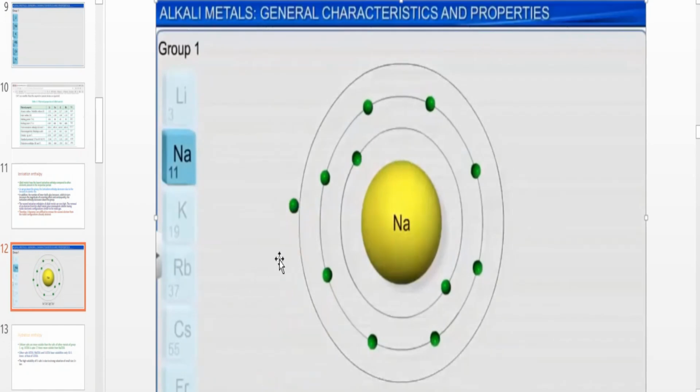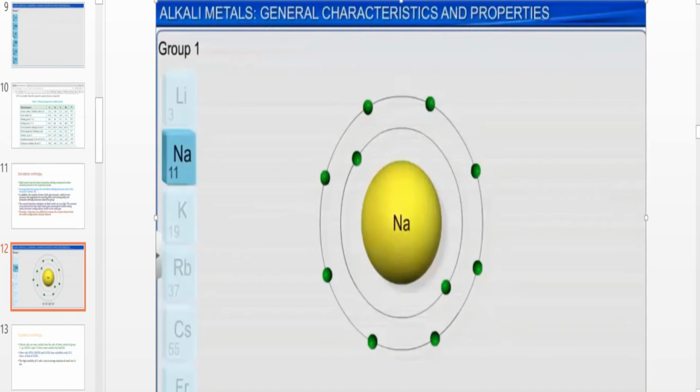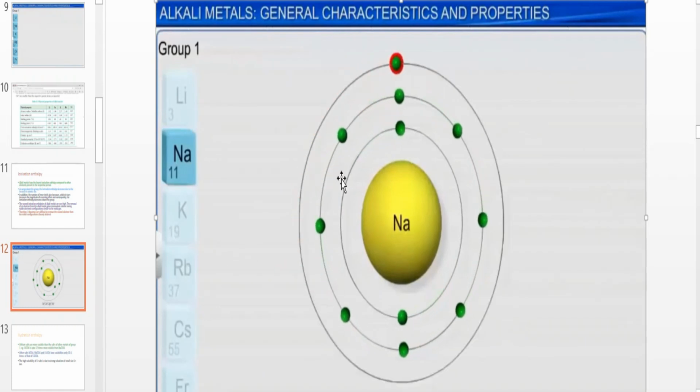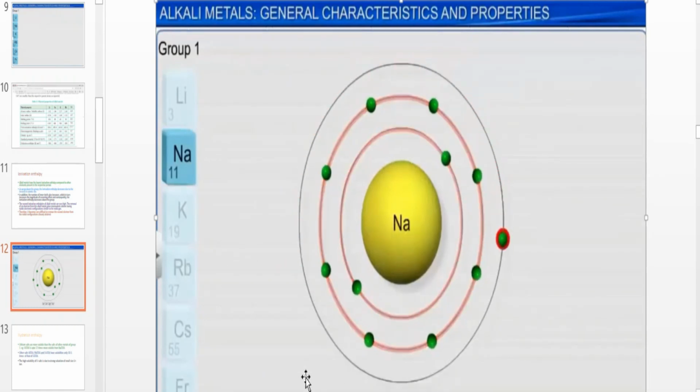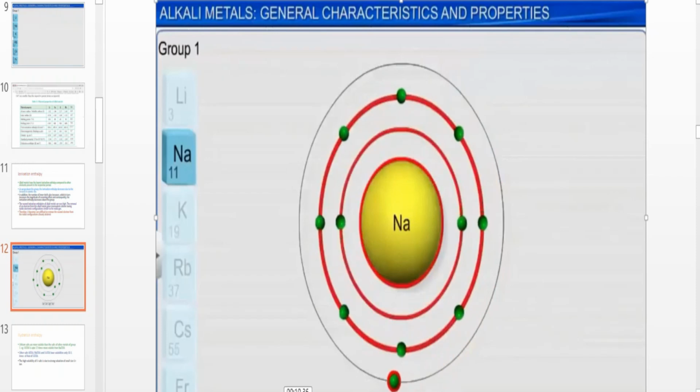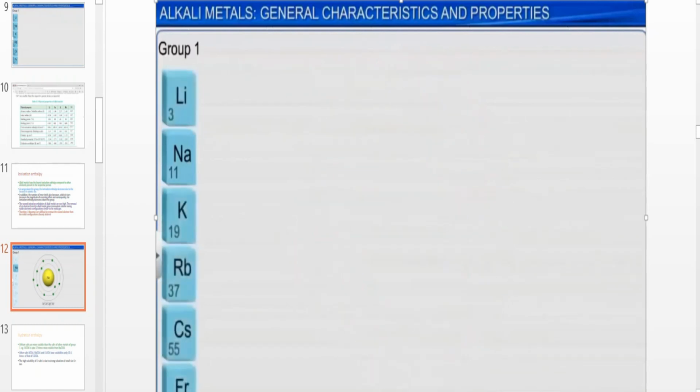So, ionization energy is the energy required to remove the electron. You can see that for sodium there is only one electron revolving around the nucleus, in the third orbital. So little energy is supplied to remove this.